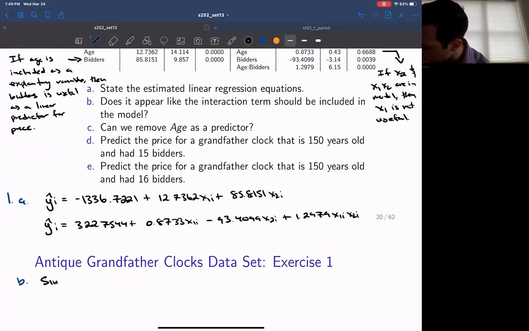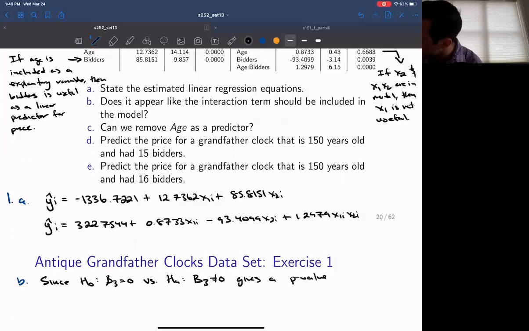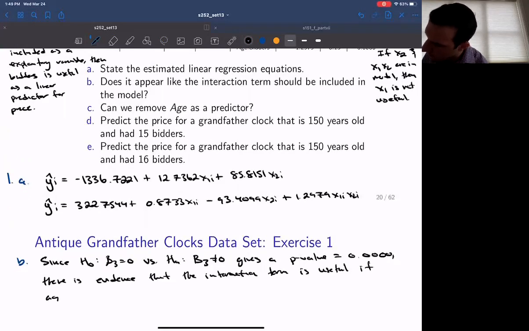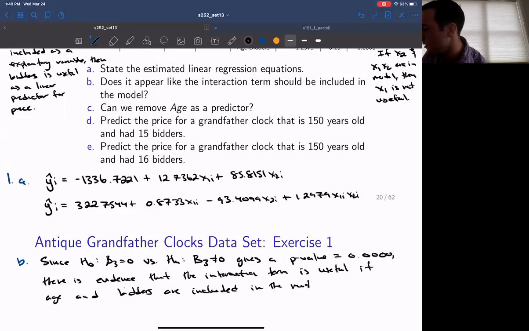So here we can say, since H0: beta 3 equals 0 versus HA: beta 3 not equal to 0 gives a p-value equal to 0.000, there is evidence that the interaction term is useful if age and bidders are included in the model.